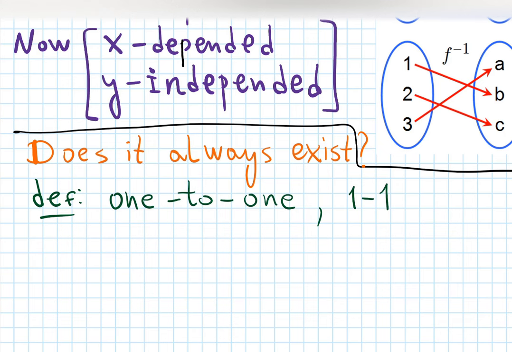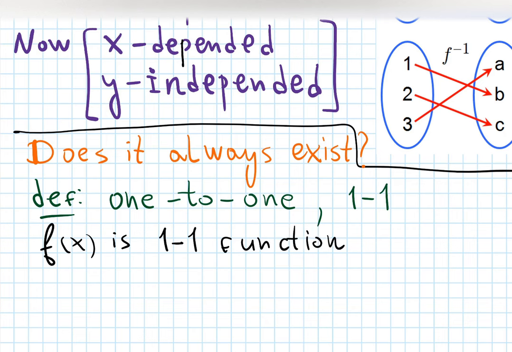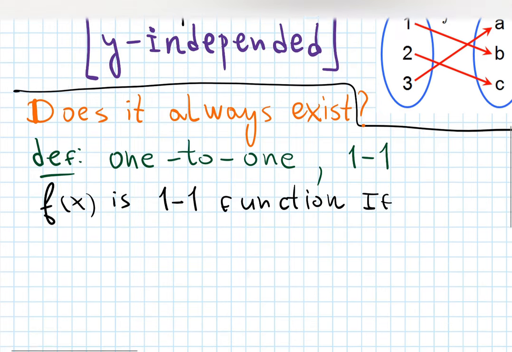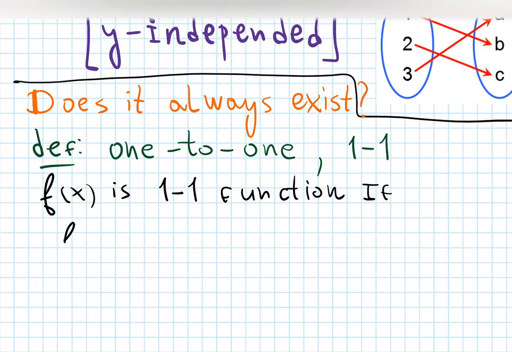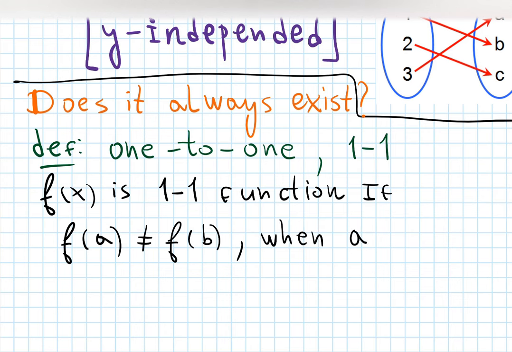It's just a very nice short notation. f of x is a one-to-one function if the outputs do not match. So if f of A does not match f of B, then the inputs should not match either.